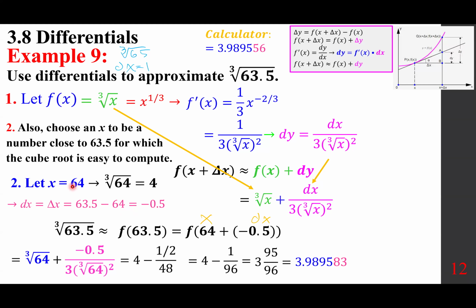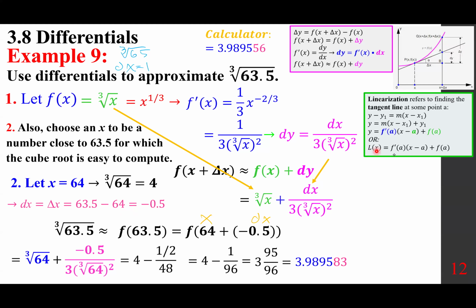However, I hope you remember linearization refers to finding L of x, basically finding the tangent line. So what we want to look at is that the tangent line gives you the same result.